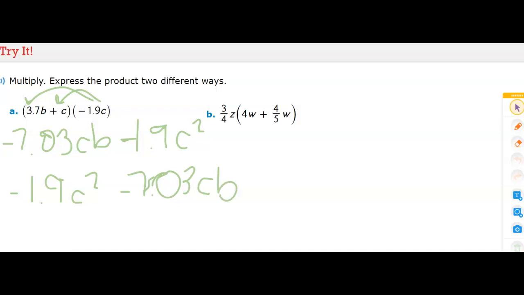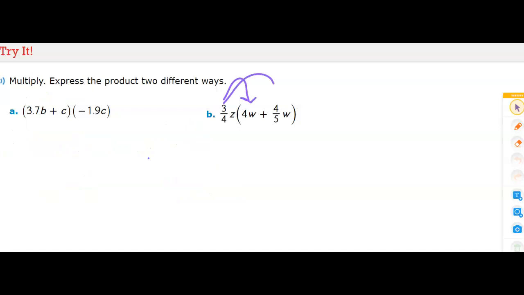Let's look at B. Okay, now we distribute this way and multiply. So you have 3/4 times Z times 4W.